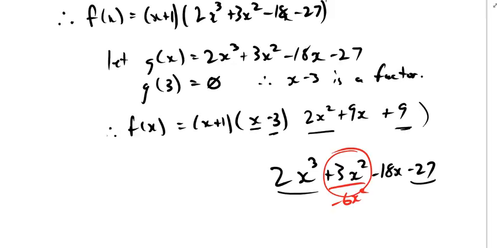If I do negative 3 times 9x, that is negative 27x, plus 9x is negative 18x. They both work. And they'll both always work. It's not like one will work and the other won't. That can't happen. They'll both always work, but it's a check.